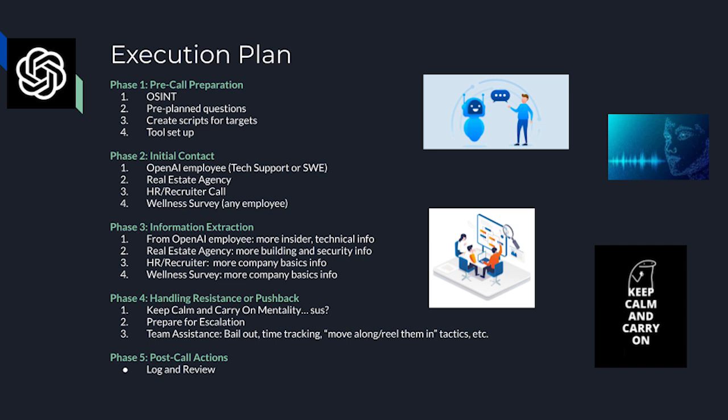Phase 2, initial contact. In this phase, we'll start making our calls. First, we'll target OpenAI employees, specifically those in tech support or software engineering roles, to gather some inside technical information. We'll also contact the real estate agency or lessees connected to OpenAI's new building to gather facility and building information.